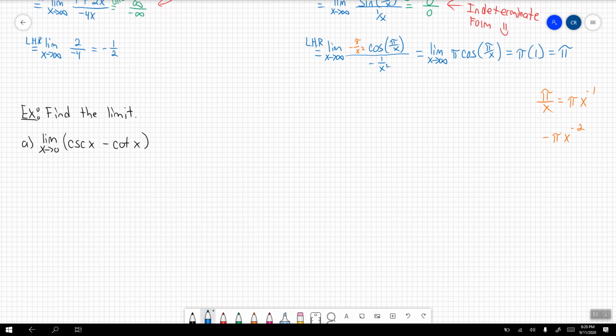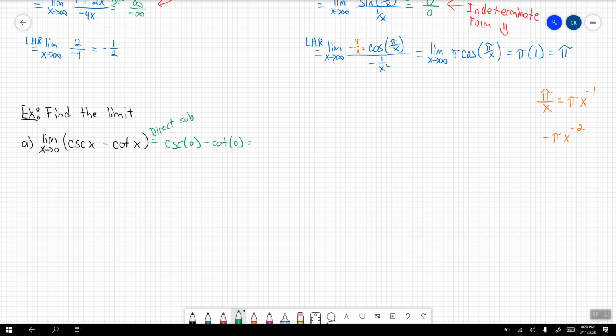Okay, so let's try a direct substitution first, because again, we always want to get direct substitution. Always try direct substitution first. If it works, awesome. Then you don't need to apply L'Hopital's rule or anything like that. So in a direct substitution, we will get cosecant of 0 minus cotangent at 0.